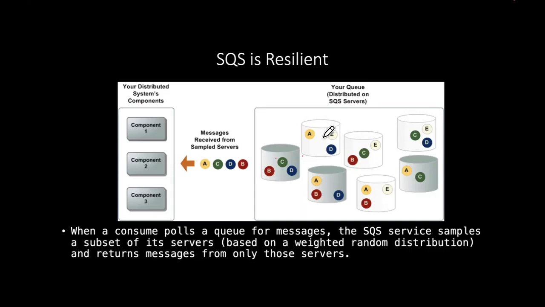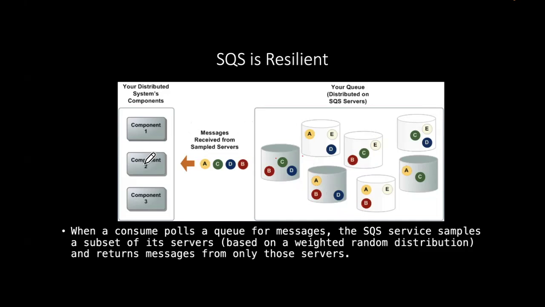And the reason it does that again has to do with availability. If this particular node is in an AZ that is temporarily unavailable, then at least we know that message A is going to be on the other nodes. And whenever a consumer requests to consume some batch of messages from the queue, it may well get message A from these nodes.